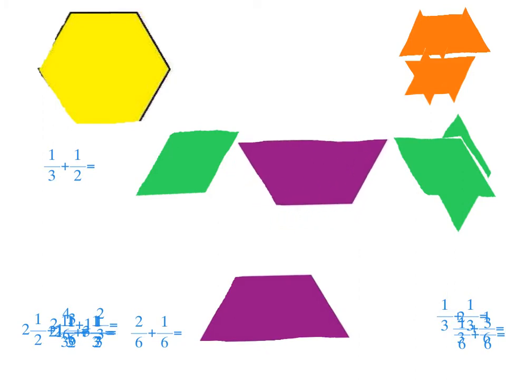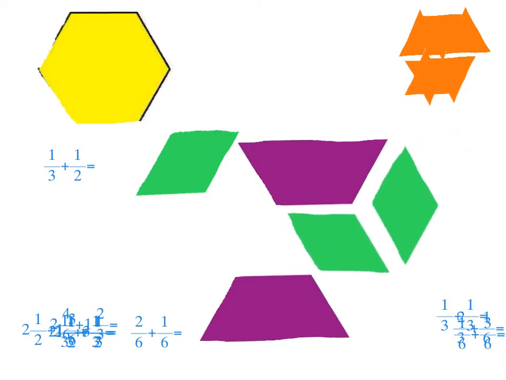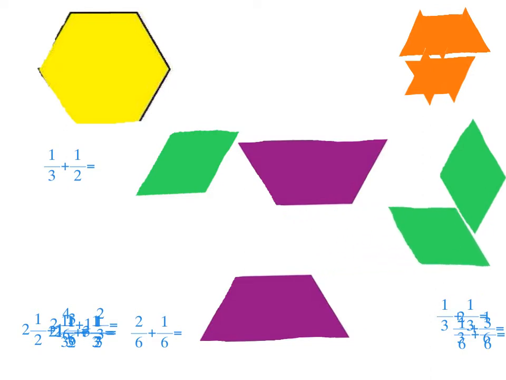They're not the same shapes. Would 2 of my rhombuses equal a trapezoid? Not really. Could I trade these for triangles? Yes.